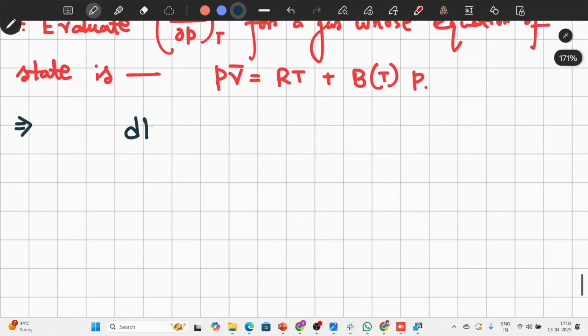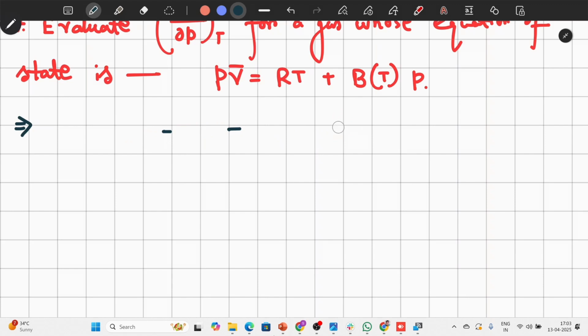So what is dH? dU plus PdV plus VdP, and dU is dQ minus PdV. And dQ then TdS will be there, but that is not important here.